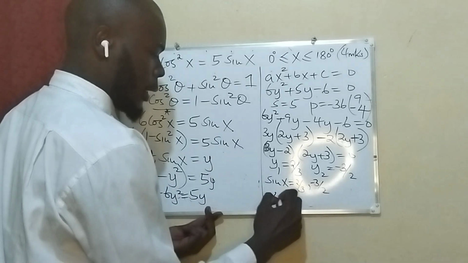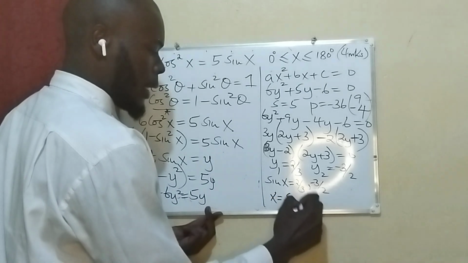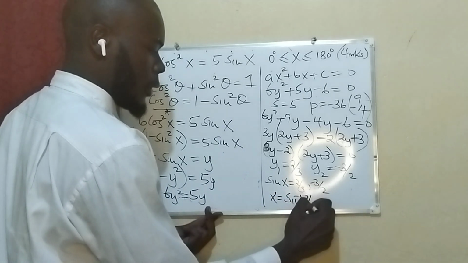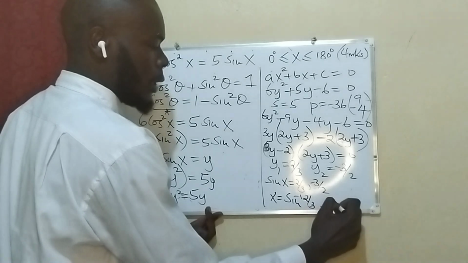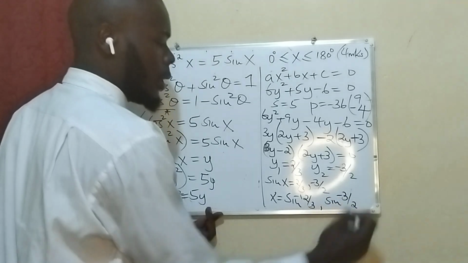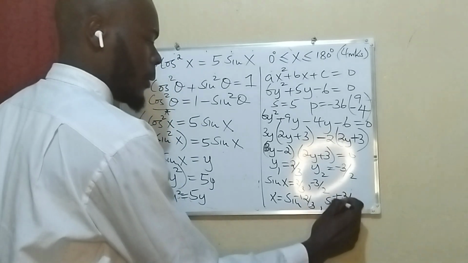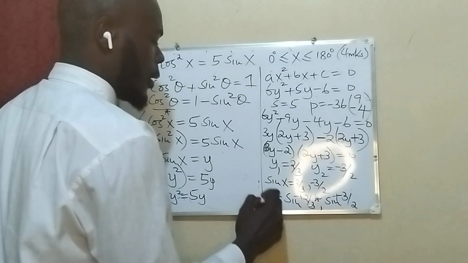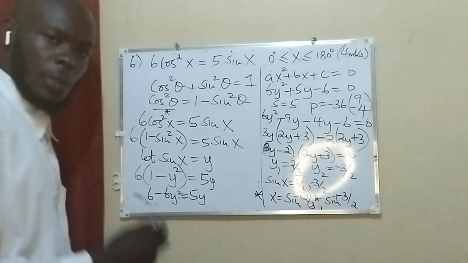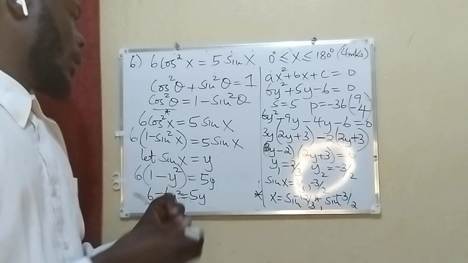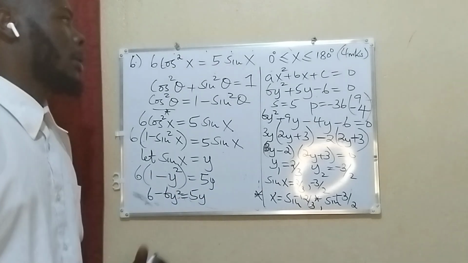If you want x, you find the sine inverse of 2 over 3 and also the sine inverse of negative 3 over 2 in your calculator to get those angles theta.